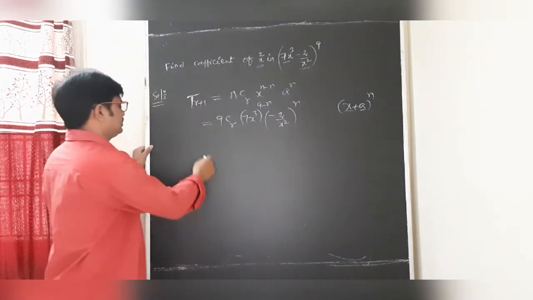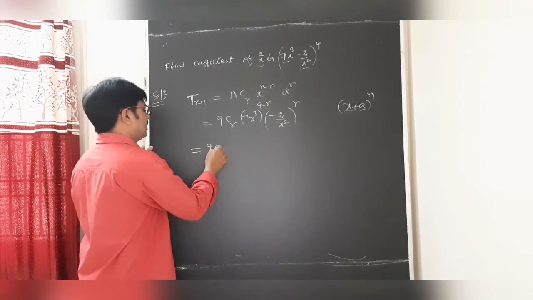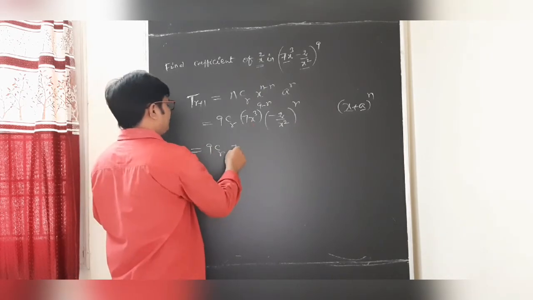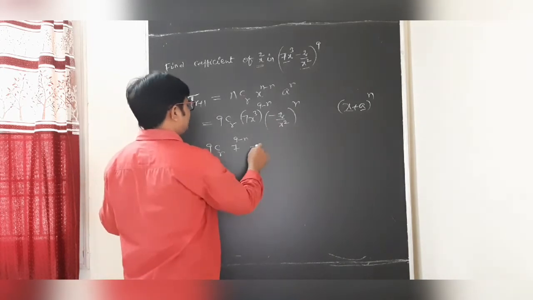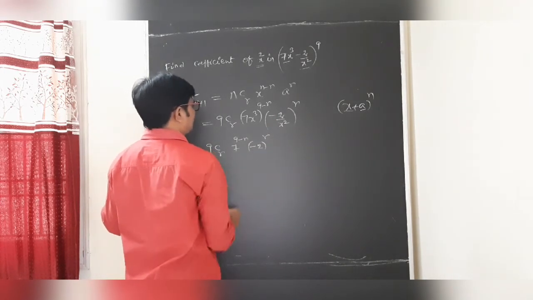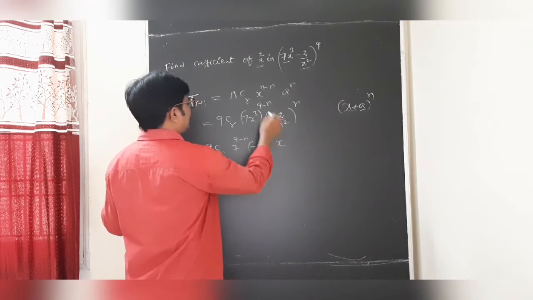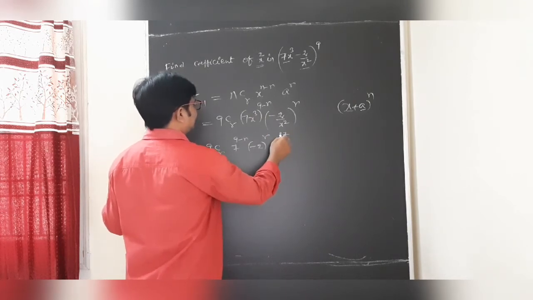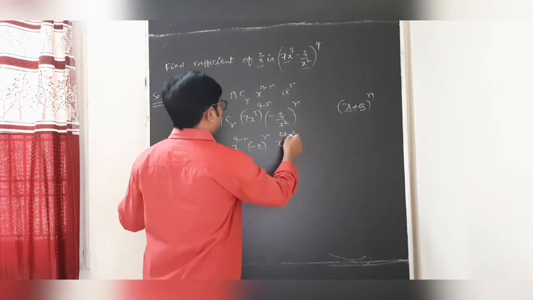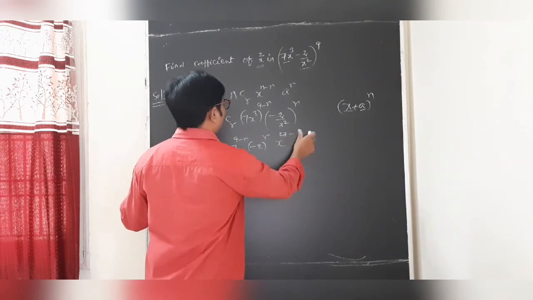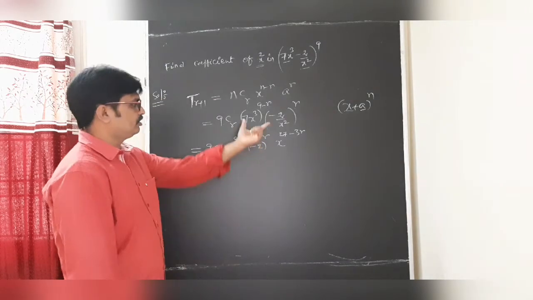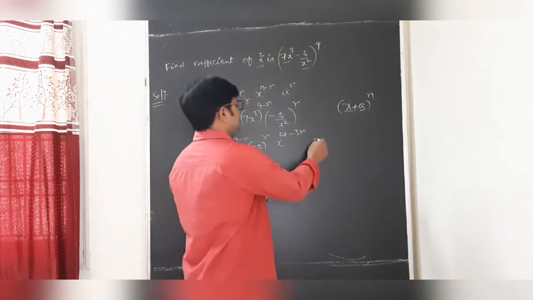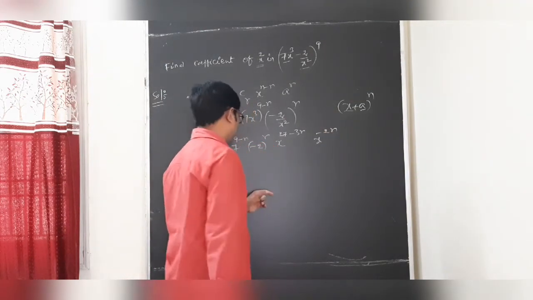Now we can write this as 9Cr, 7 power 9 minus r, then minus 2 power r, x power 3 nines are 27 minus 3r. Dear students, this is x power 2r in the denominator, so it will be sent to the numerator as x power minus 2r.